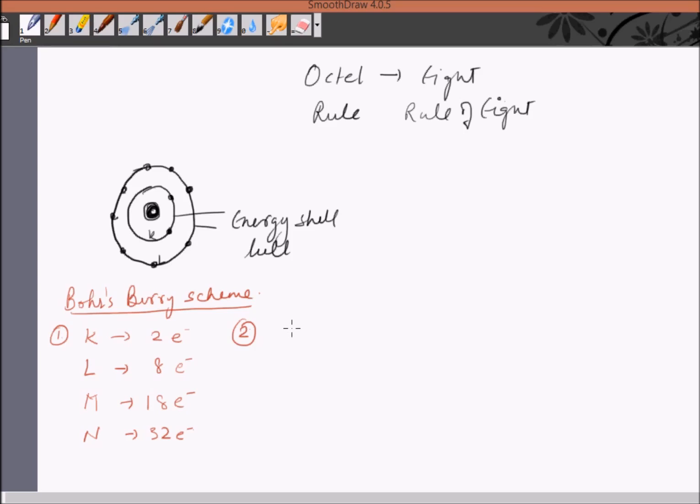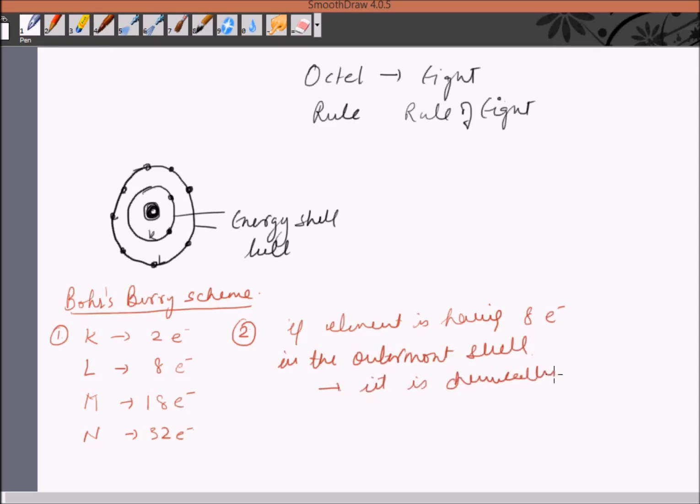That is, if an element has 8 electrons in the outermost shell, it is chemically stable, right? Friends, about the valence electron, we learned that there are 3 types of elements.